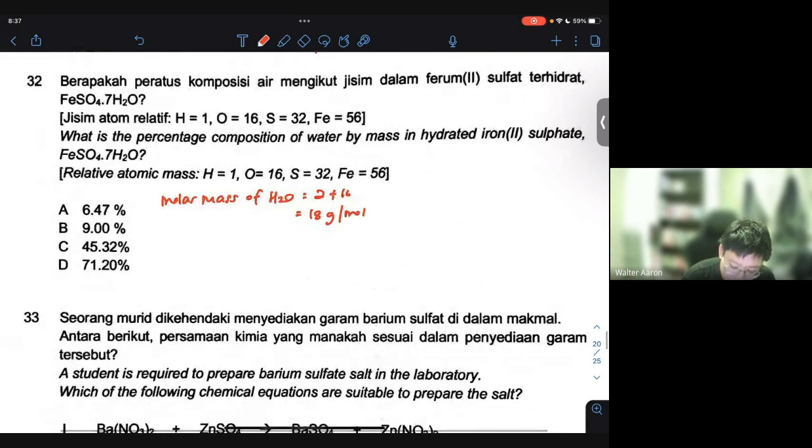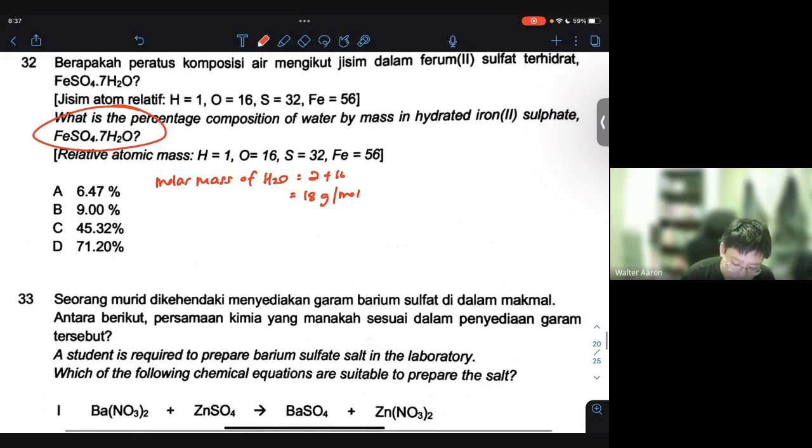And now what we're going to do is calculate how much 7H2O is. Then we'll take the 7H2O's mass, divide by the total mass of the whole thing, and multiply by 100. So right now we have 18 for water. Then let's take a look at the molar mass of FeSO4.7H2O.